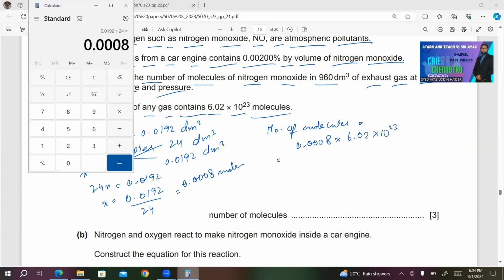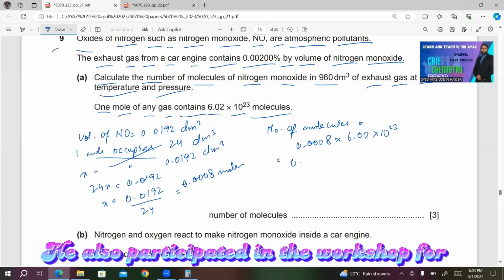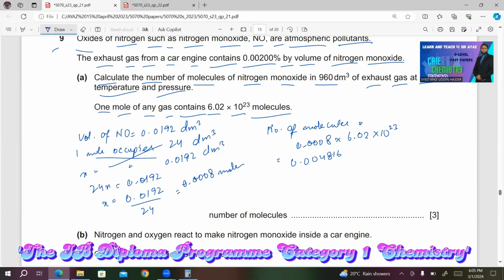What will we get? 0.0008 into 6.02, we will get 0.004816 into 10 to the power 23.